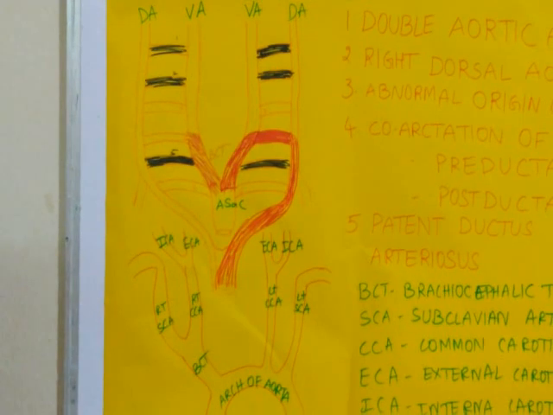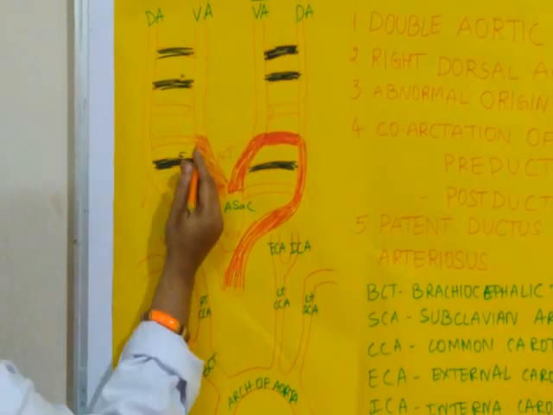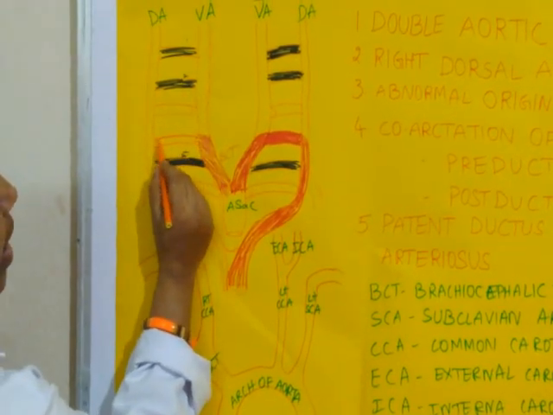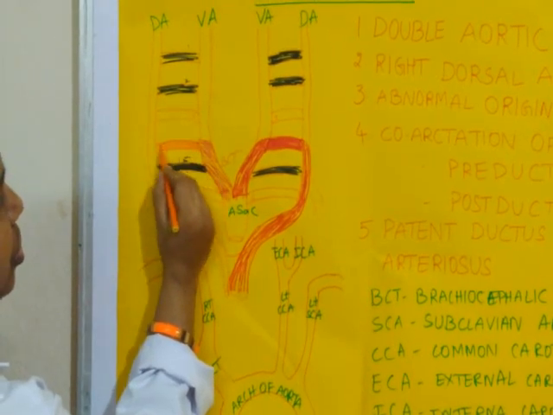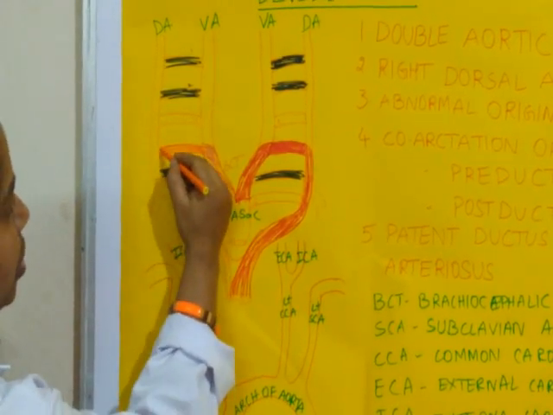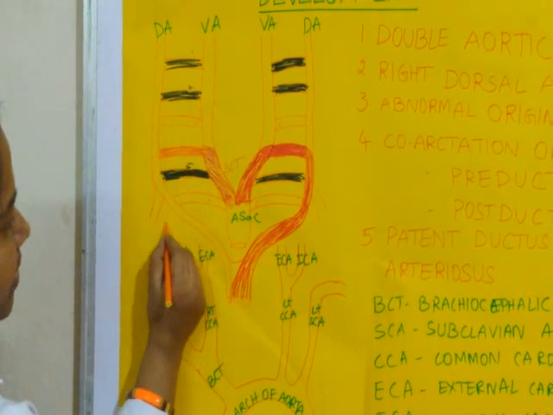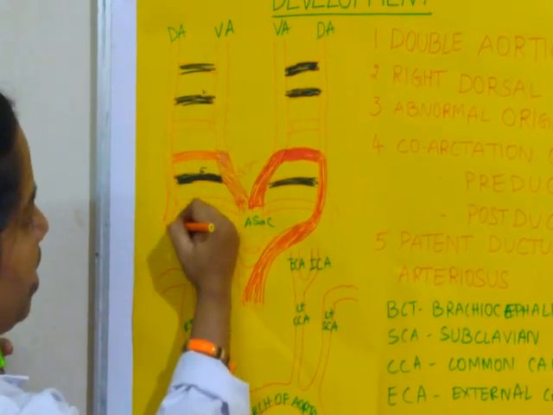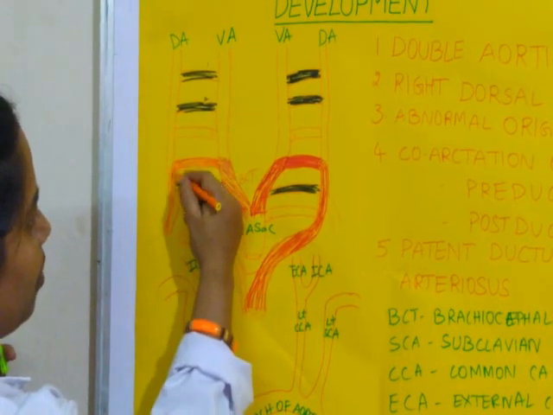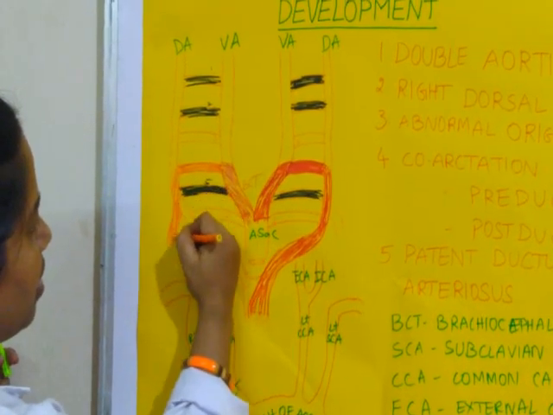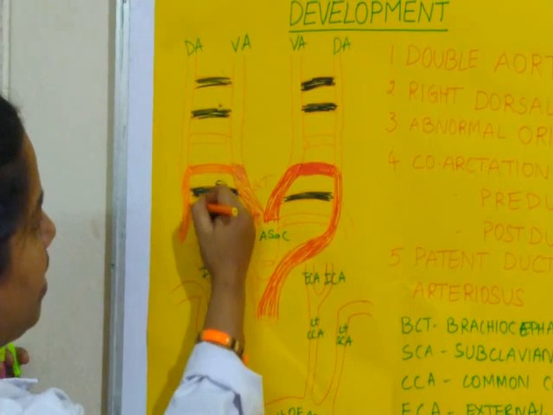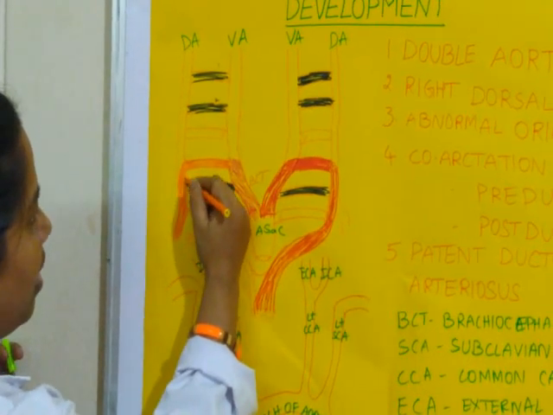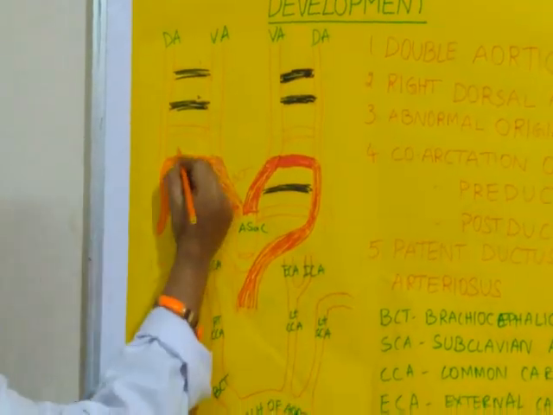And then next, the right fourth aortic arch, along with the 7th intersegmental artery, which is an extra part, together forms the right subclavian artery.